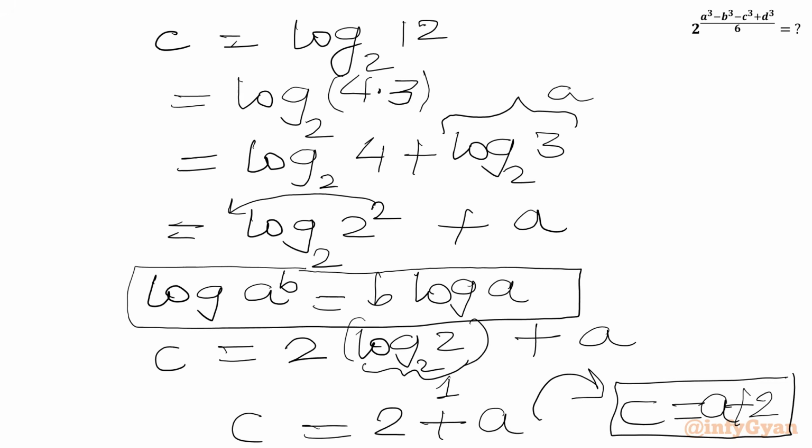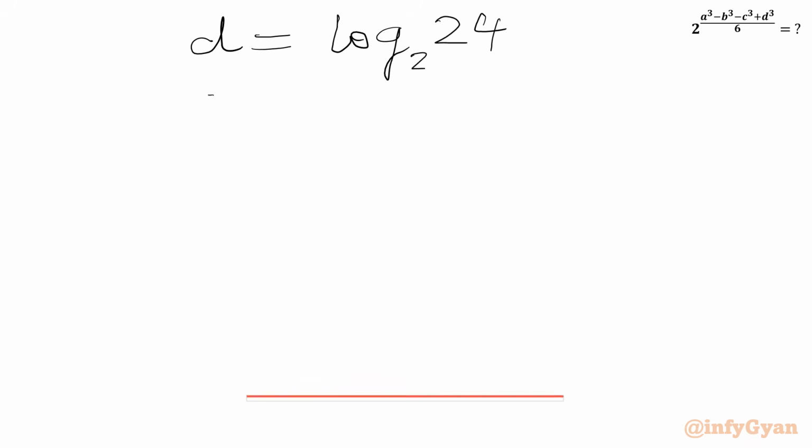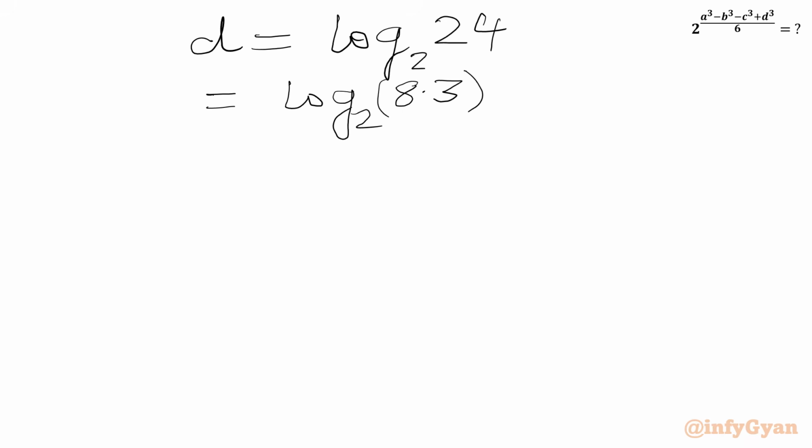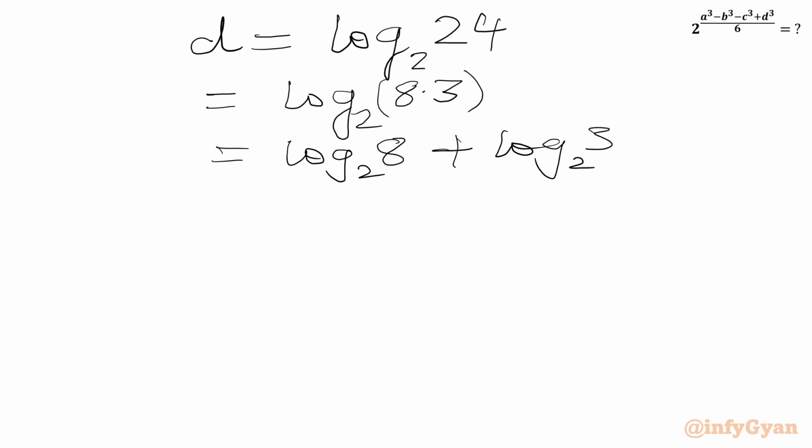Let's check d also. We will write d equal to log of 24 with base 2. We will factorize 24. So I can write log of 8 times 3 with base 2. We'll use the log property and get log 8 with base 2 plus log 3 with base 2.